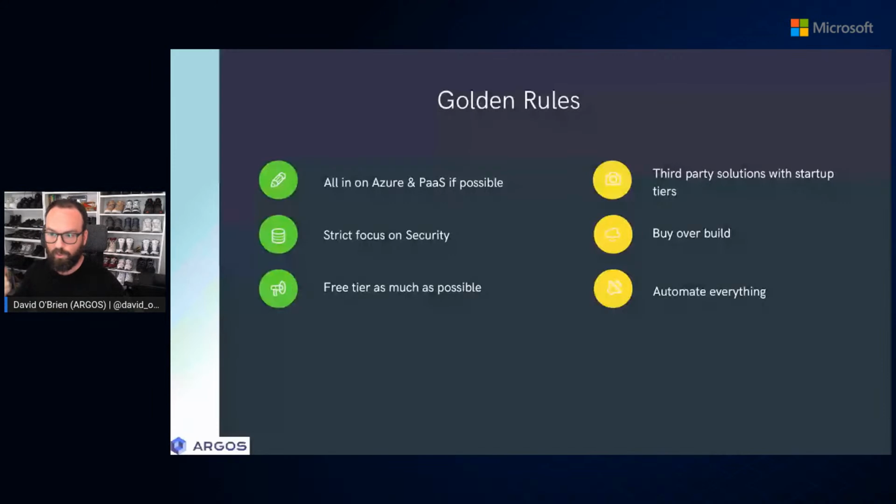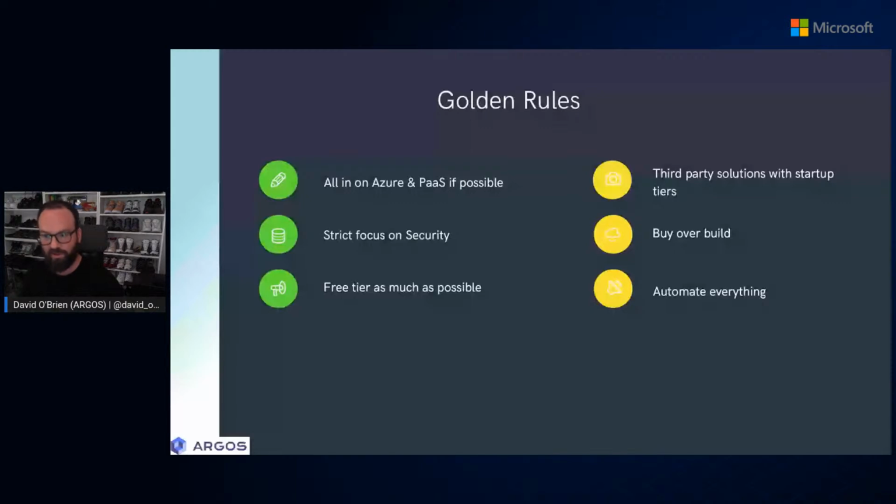Number one, we went all in on Azure. I've never believed that lock-in is a bad thing. Especially when starting a startup, you need to be focused. So all in on Azure and PaaS, platform as a service, services, if possible.